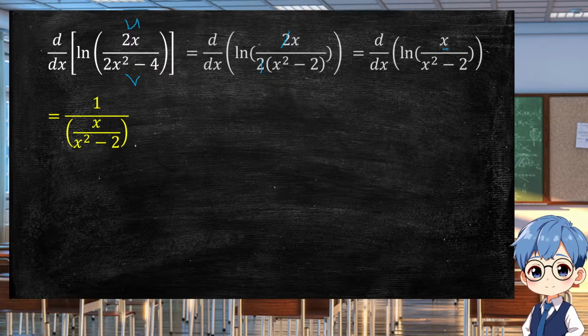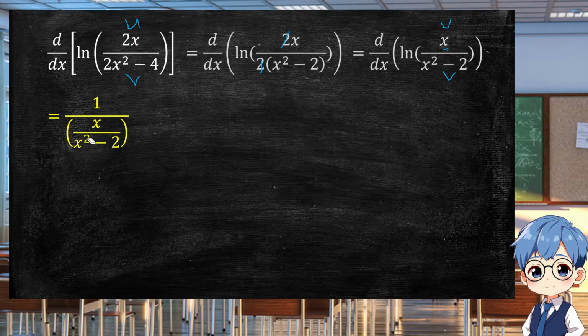Okay, so next, we get the derivative of the inner function. The inner function, which is the argument, is x over x squared minus 2. So we will just use v du minus u dv over v squared. So this is u, this is v.